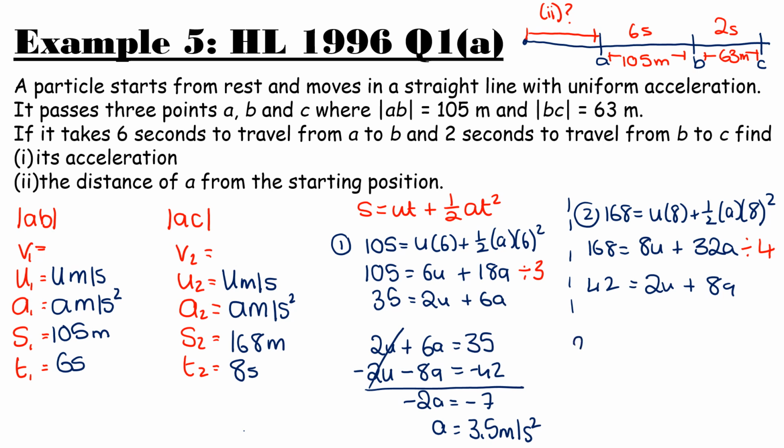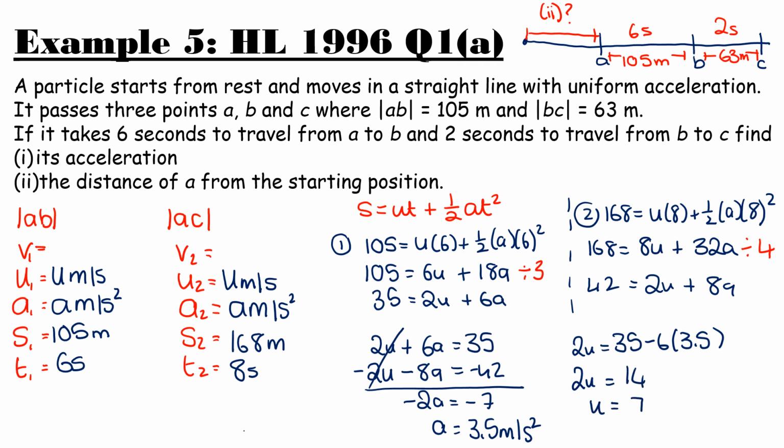We then go back and we have 2U is equal to 35 minus 6 times A, which is 3.5. So I've just rearranged equation 1 slightly. You can go back to the initial equations, but those numbers are very big. So we get 2U equals 35 minus 21, 6 times 3.5 is 21. That gives us 14.